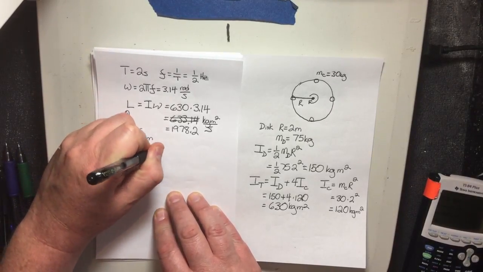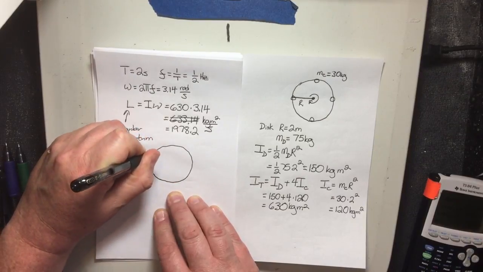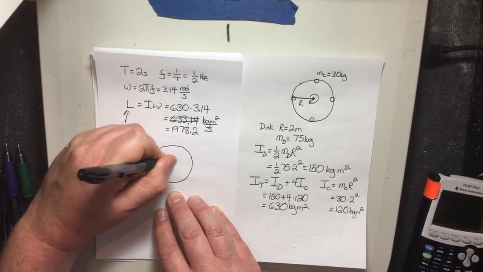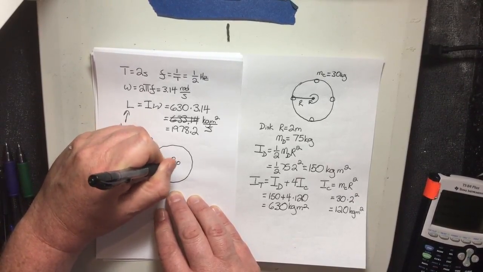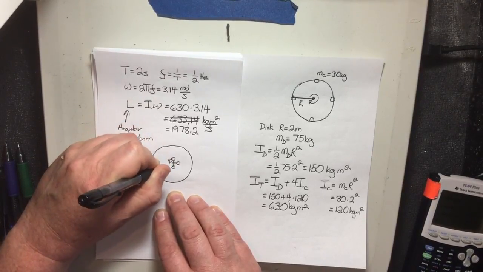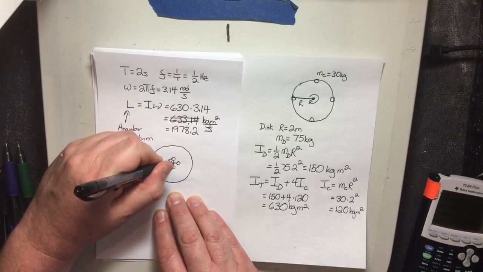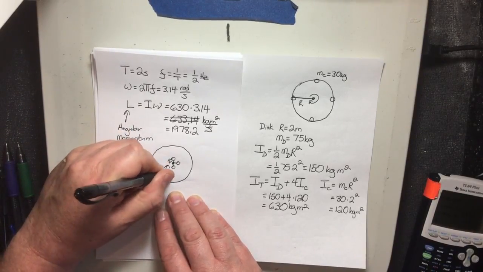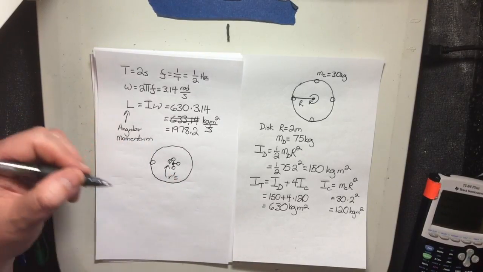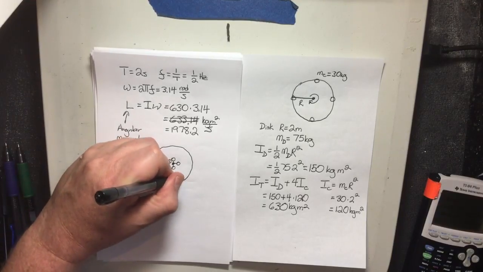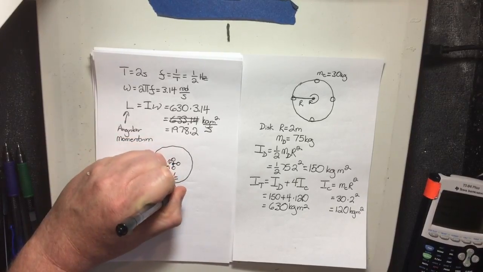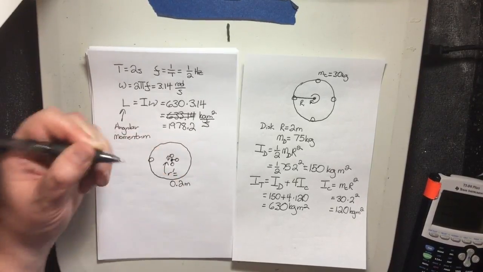So what these kids do is, three of them move towards the center, and if that's the center, then the new distance that these children are from the middle is 0.2 meters.